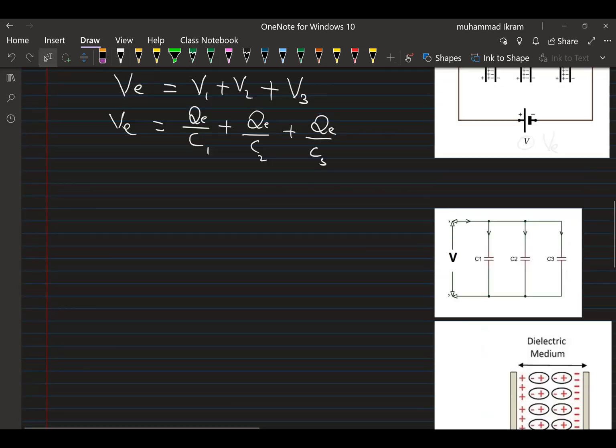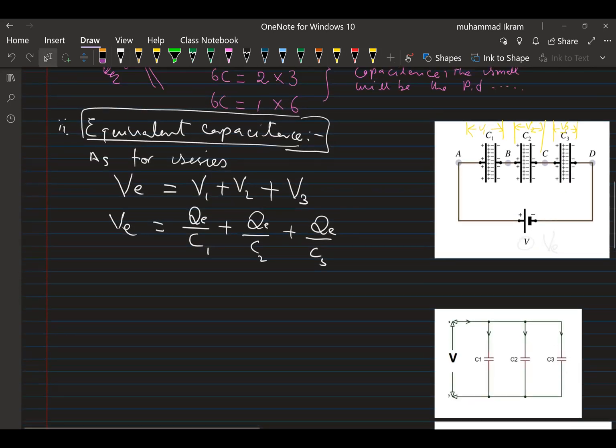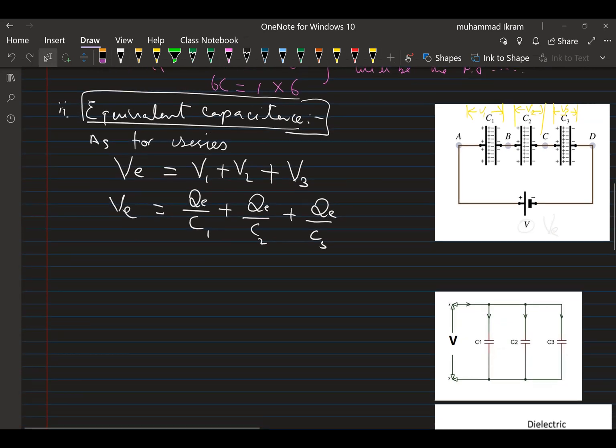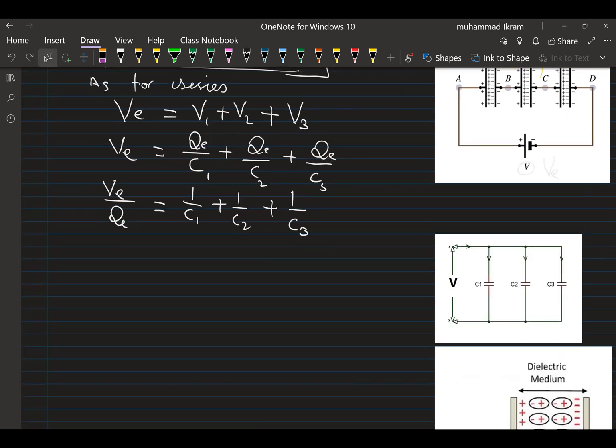So see here, V equivalent by Q equivalent equals 1 over C1 plus 1 over C2 plus 1 over C3. We do not have this formula, right?